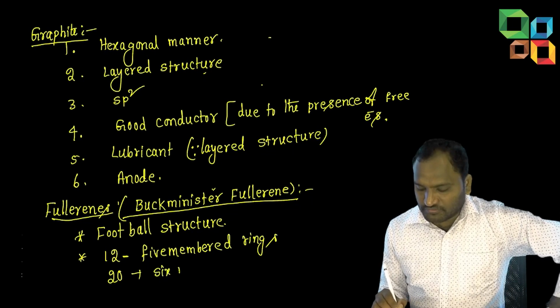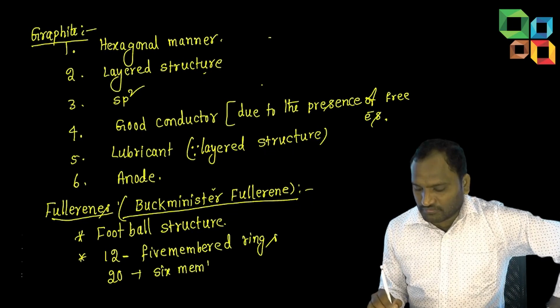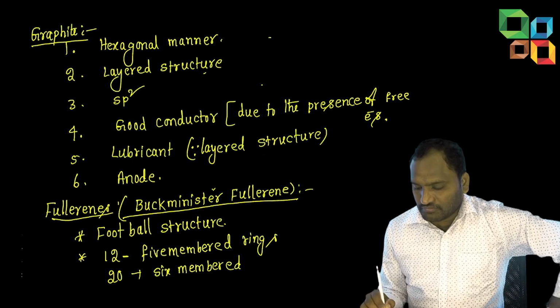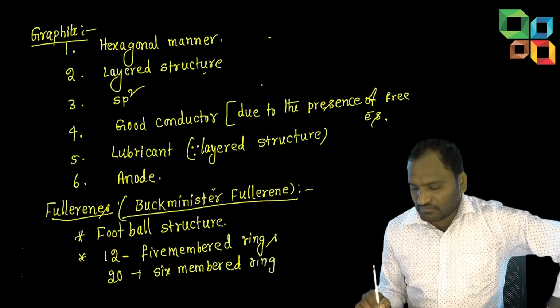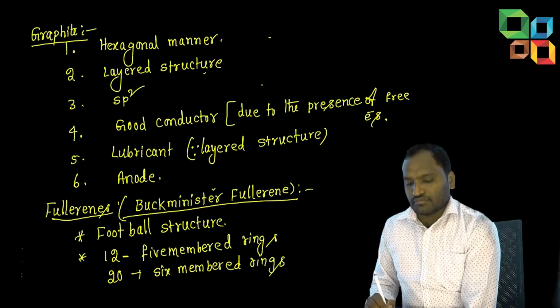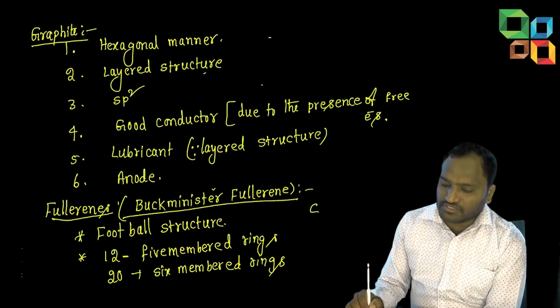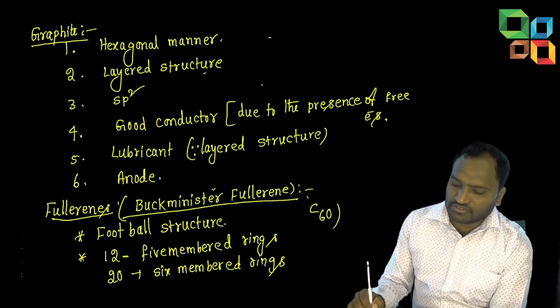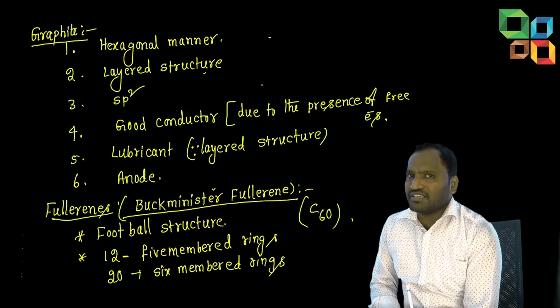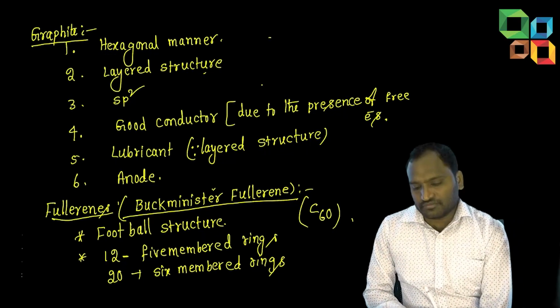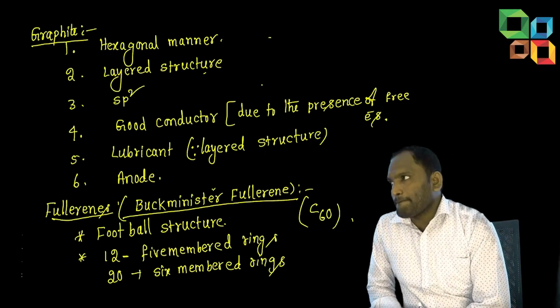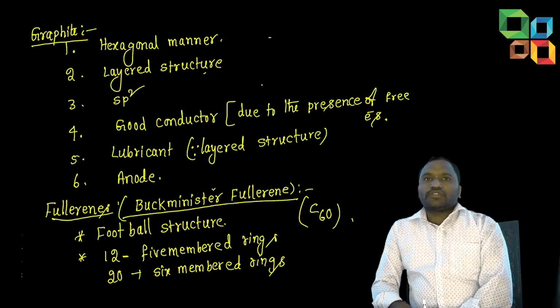Example C60. Other polar rings are there, but that is beyond your scope, not required. These are the allotropes of carbon.